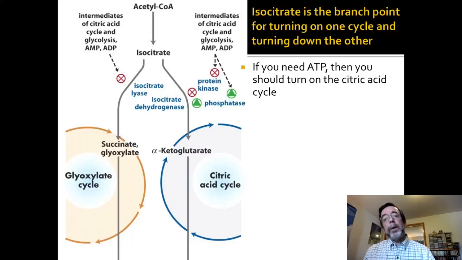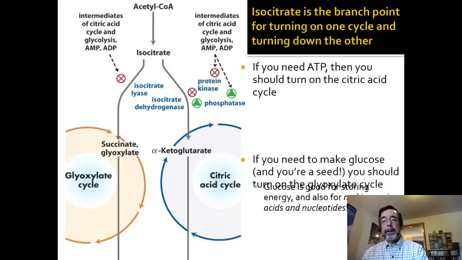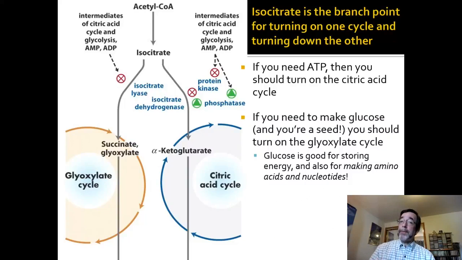So that's where you want to turn the glyoxylate cycle on and off. If you need ATP, you need to send the isocitrate over to the right. If you need to make glucose, and if you're a seed, you're going to want to send it to the left. And the way you do that is by having the isocitrate lyase be upregulated or not downregulated by these citric acid cycle enzymes.